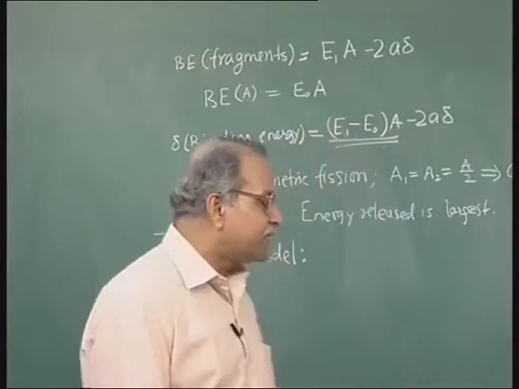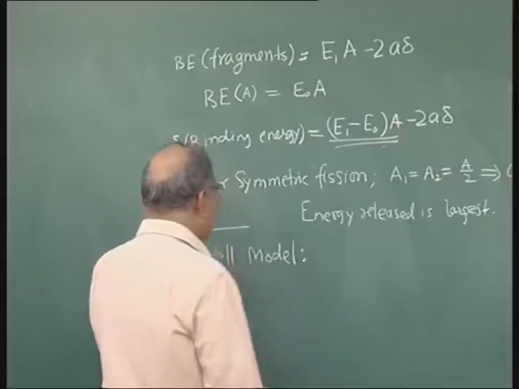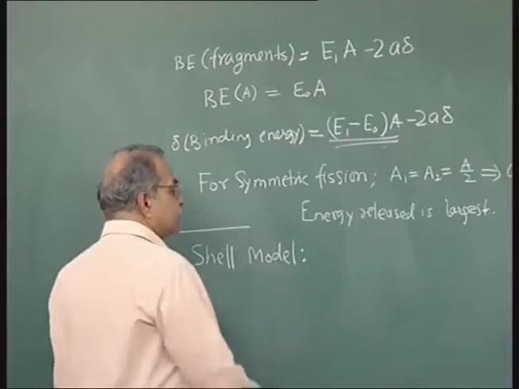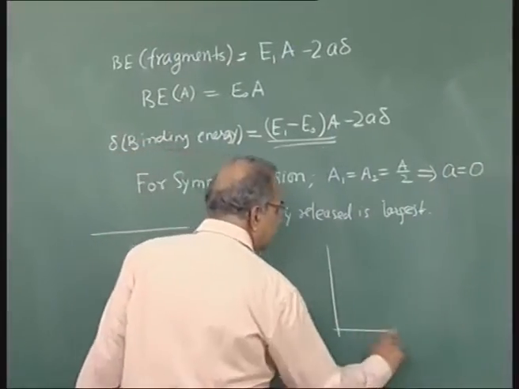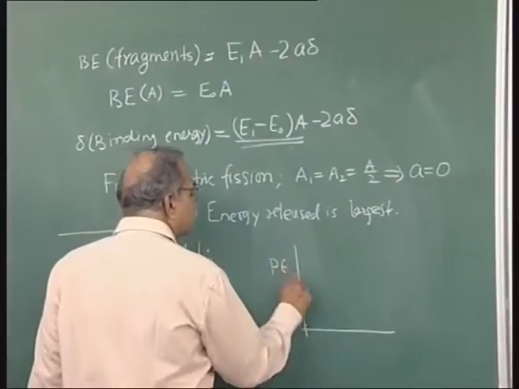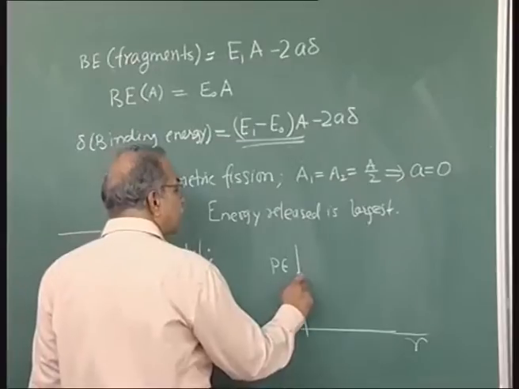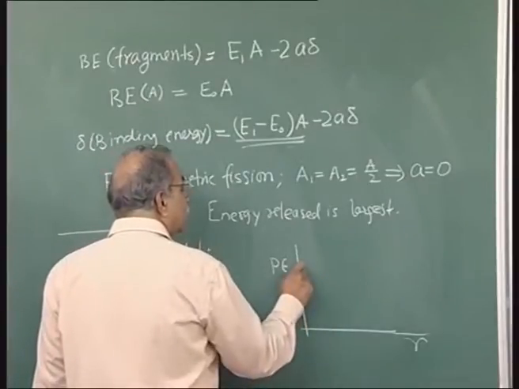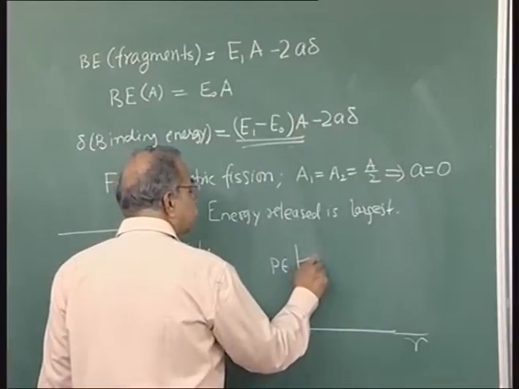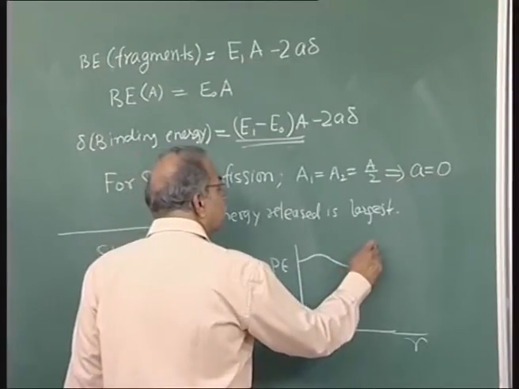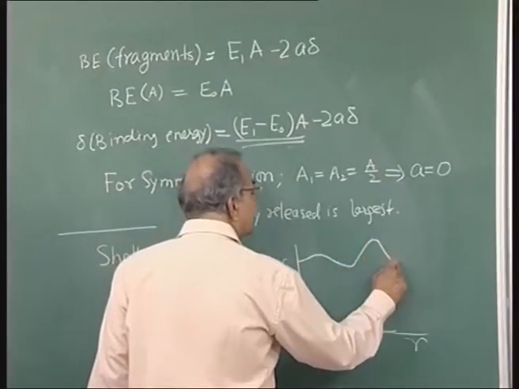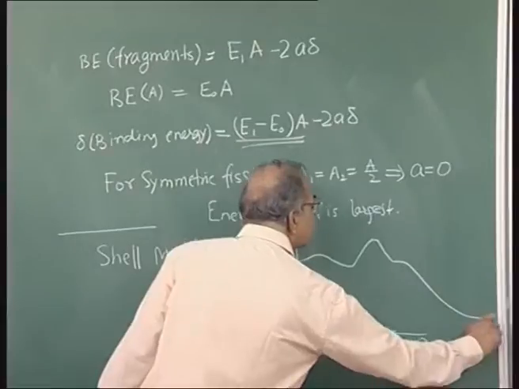But one possibility is, once you take all these shell model effects, that the potential energy curve that we had drawn as a function of the deformation parameter, where we have shown just one single hump, maybe it is not that, it is more complicated, right.